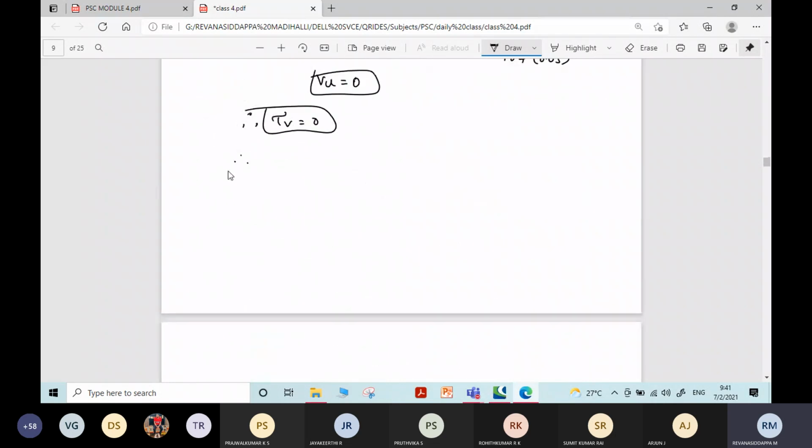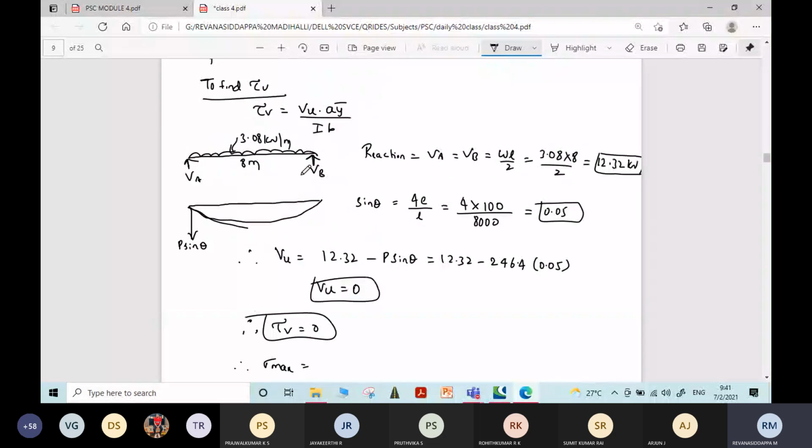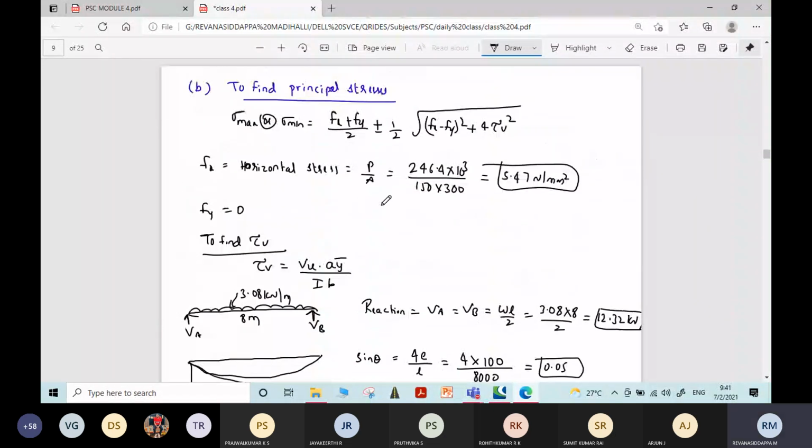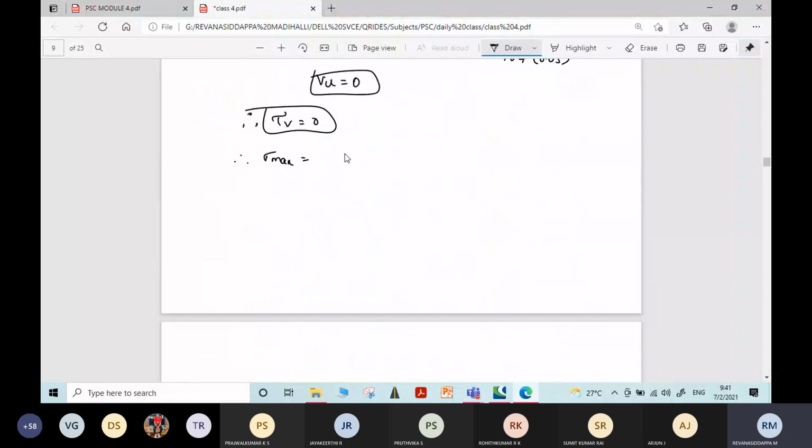Therefore, sigma max is equal to 5.47 plus fy 0 divided by 2 plus half of root of (5.47 minus 0) whole square plus 0.